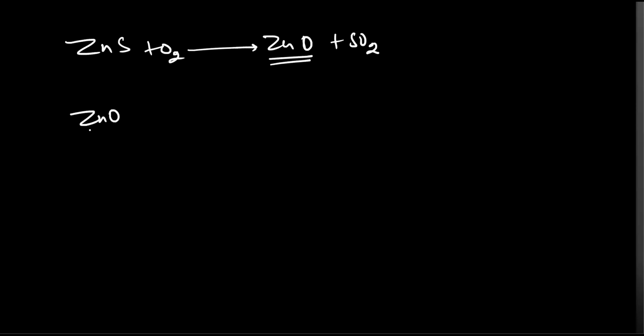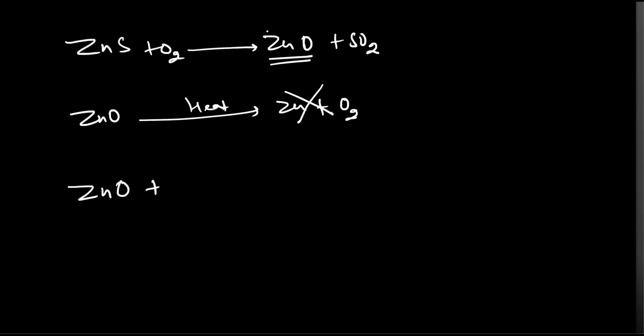For example, if you have ZnS and heat it in the presence of oxygen, it will first give you ZnO plus SO2. If you further heat ZnO, it is more reactive, so it will not give you Zn plus O2. You need some reducing agent, and for this one we use carbon.